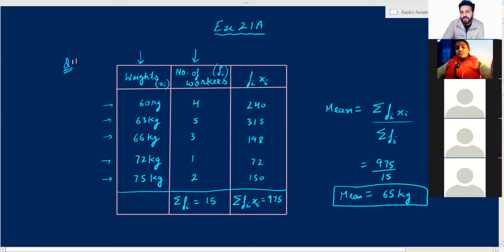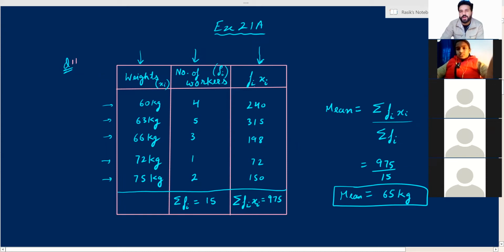To find the mean when the data is in the form of a table, you make another column, the third column, which is not there in the book. You have to make it on your own. This column is known as Fi-Xi. Understood, everyone? This column is very simple.